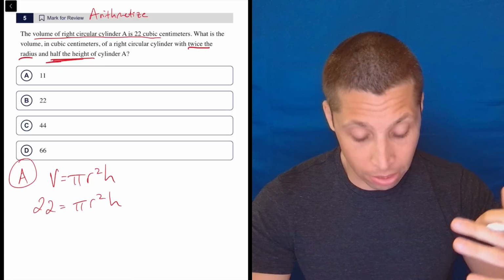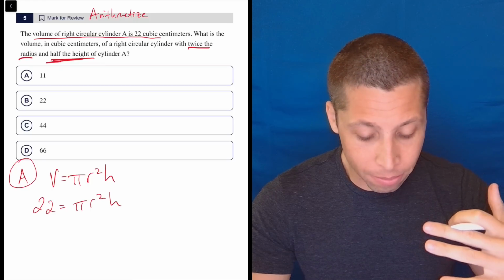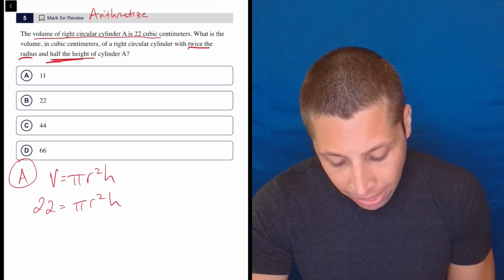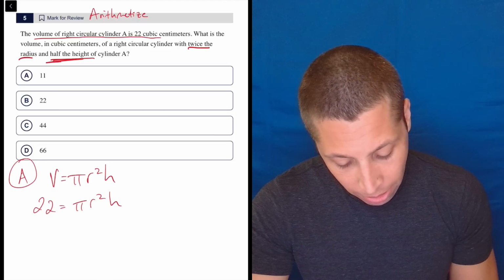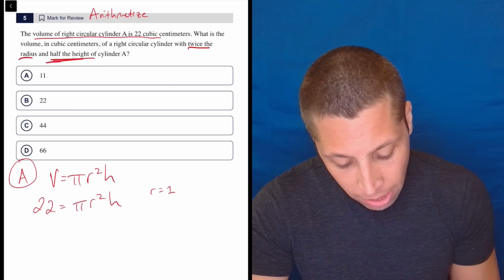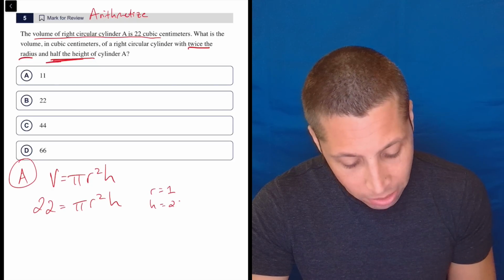So lots of ways I can go here, but I see the best case scenario is that I can make up the radius as 1, and I want to use the height as 22.